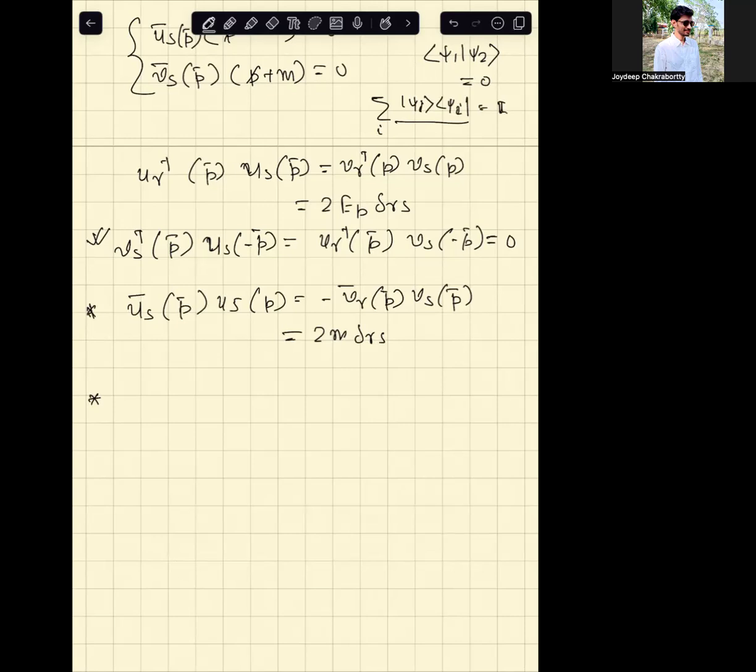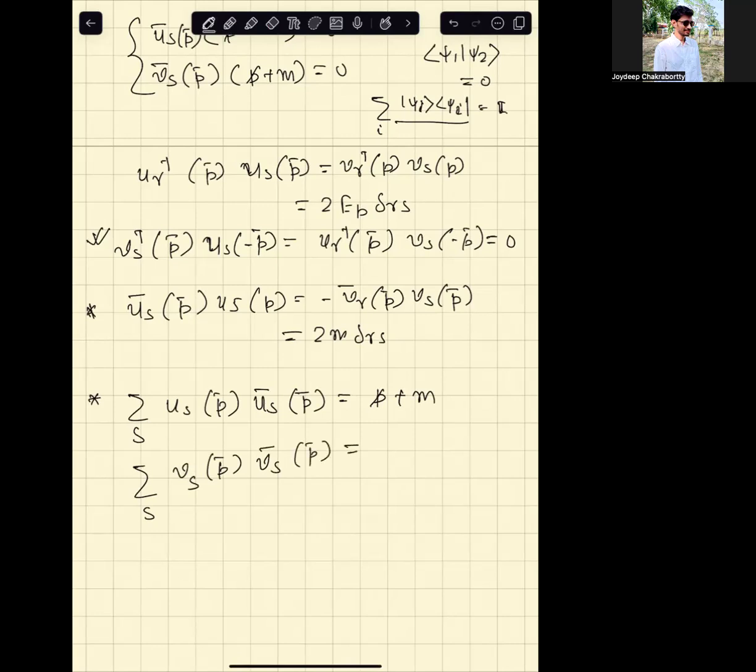Keeping the similar thing in mind, we get the projection operator from here as the sum over the spin of u_s(p) u_s bar(p) equals p slash plus M, and the sum over s of v_s(p) v_s bar(p) equals p slash minus M.